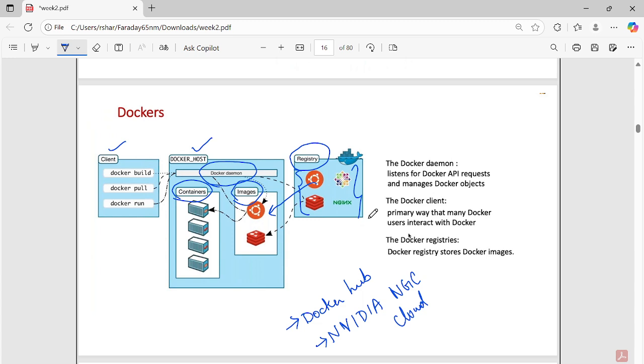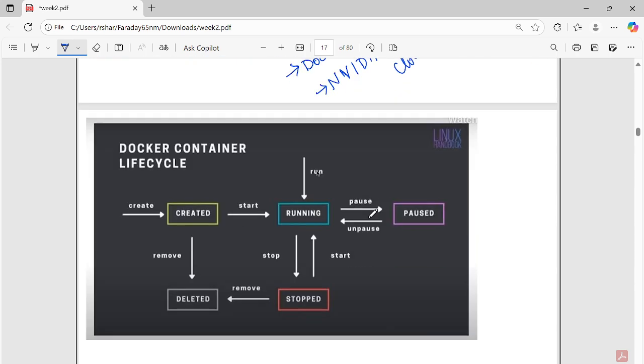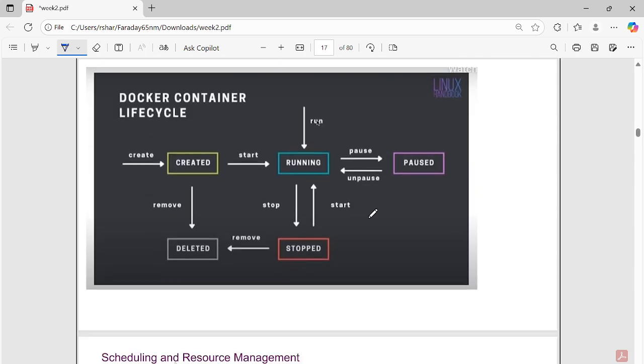And the idea is how the setup is with which we can work with Docker.